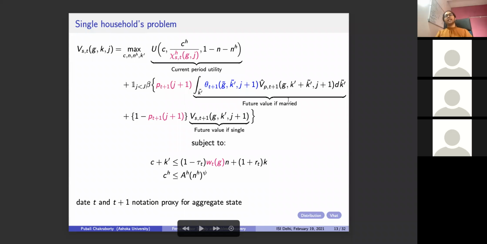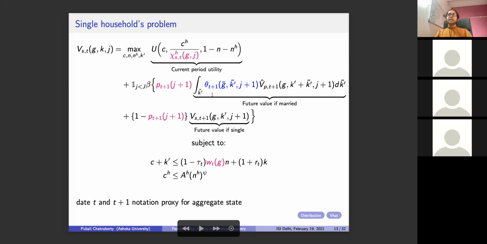The future value if they are married, which occurs with probability given by P. In the event that they get married and they get matched to somebody who had an asset level K prime tilde, then their total wealth in the future becomes the sum of what they save and the savings of whoever they get married to.